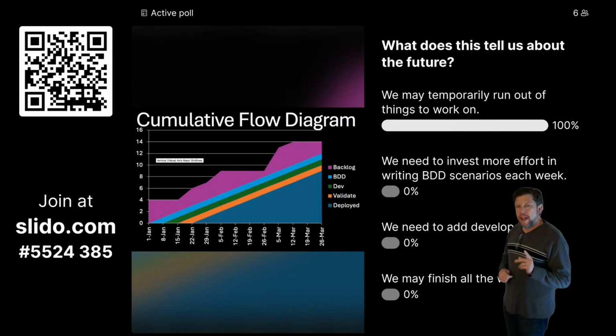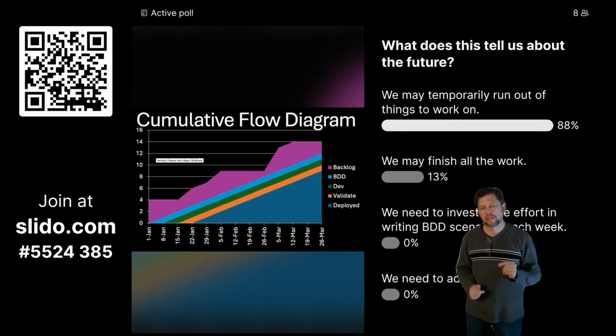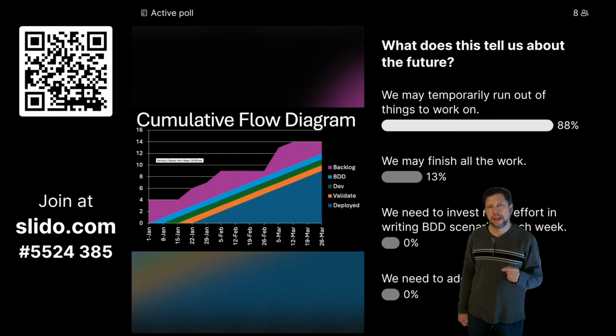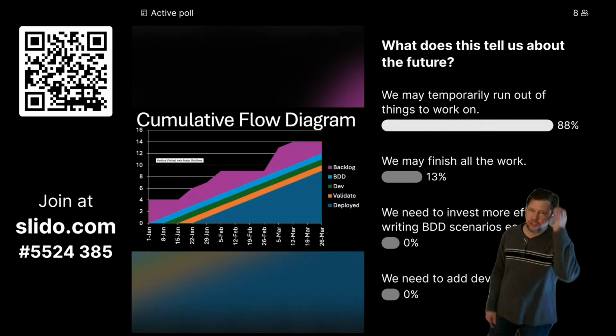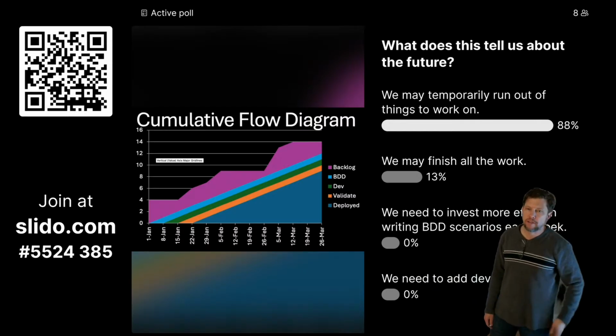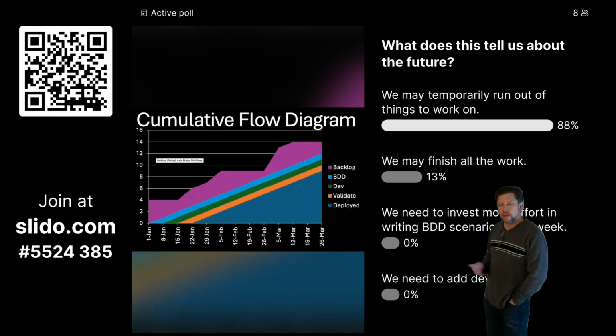We probably don't need to add developers in this particular situation because it looks like we're keeping up with the demand. If we add more developers, we will probably be more likely to get in a situation where we temporarily run out of things to work on. As far as we may finish all the work and they don't need us anymore, maybe, but the history we have is showing that they keep giving us work to do.